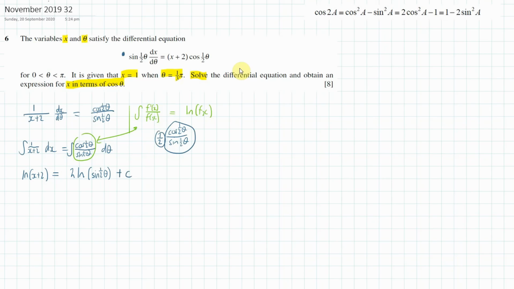Okay, now the next part of these equations, after we've separated the variables and integrated, is we want to insert these values of x and theta.